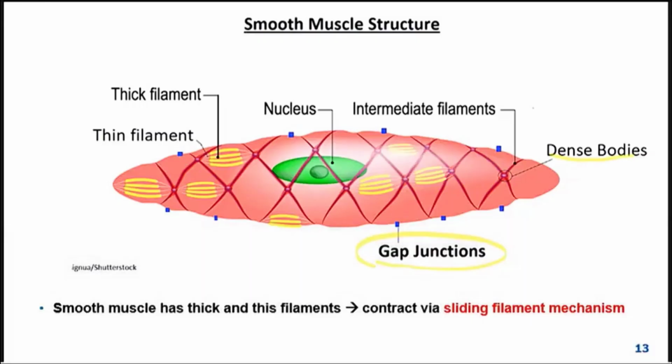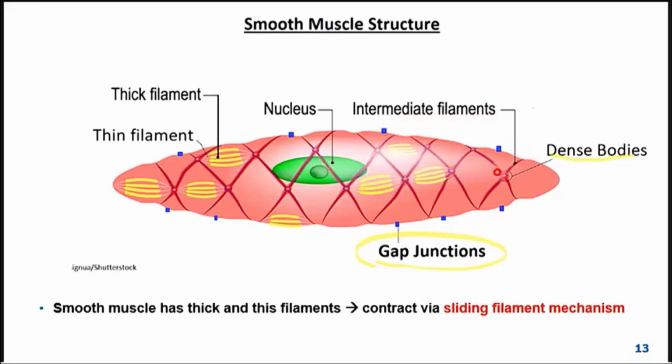Okay. So again, looking at this overall structure of the smooth muscle, you have that football shape, you have one nucleus, you have this cool intermediate filaments that make this little net, right? Now, at every point where intermediate filaments cross, you're going to find this little structure that is called dense body.